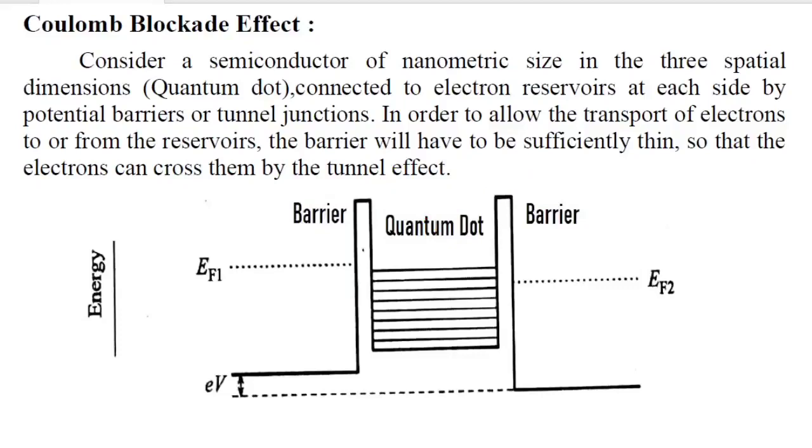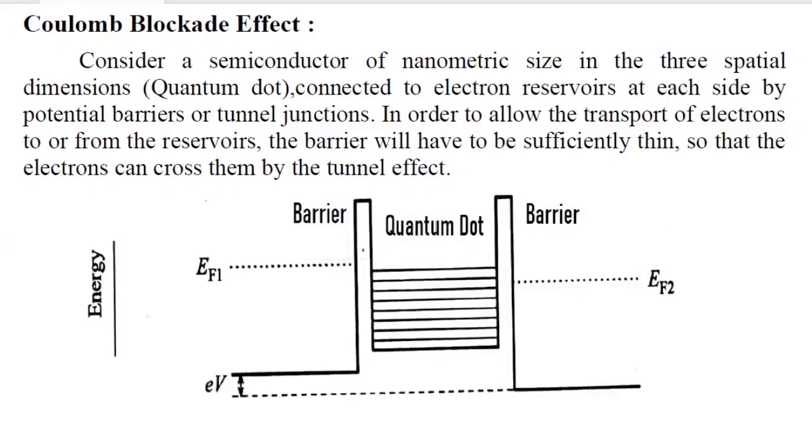In order to allow the transport of electrons to or from the reservoirs, the barrier will have to be sufficiently thin so that the electrons can cross the barrier through the tunneling effect. You know the tunneling effect, right?